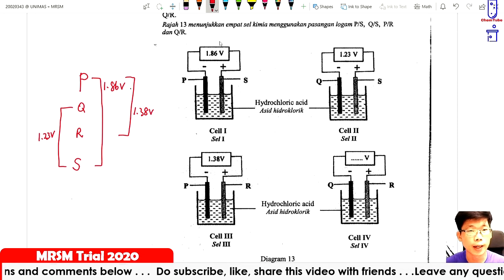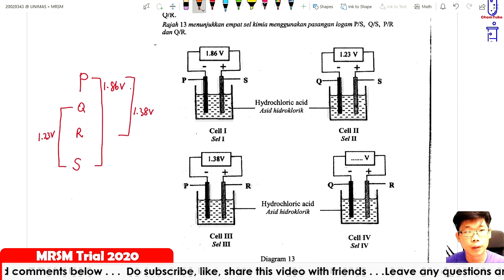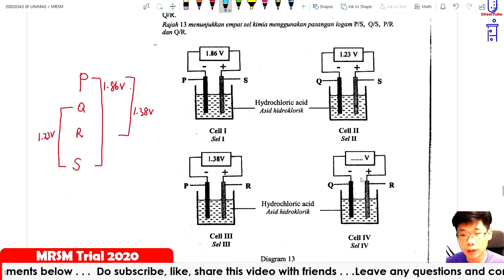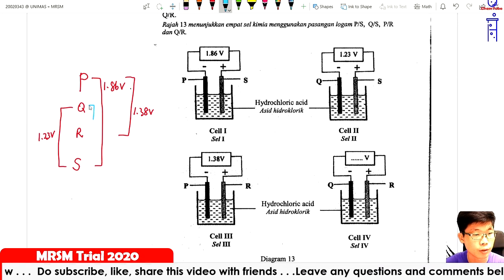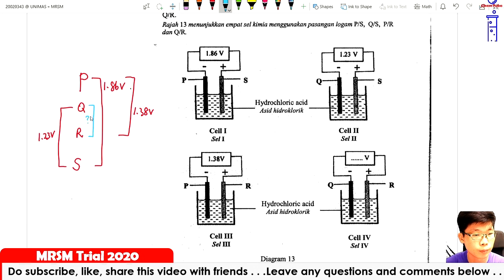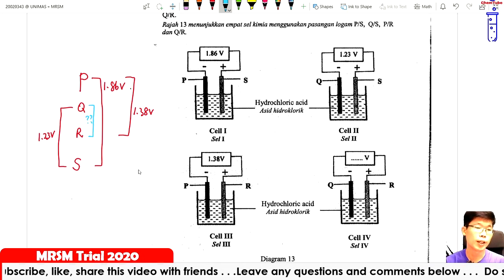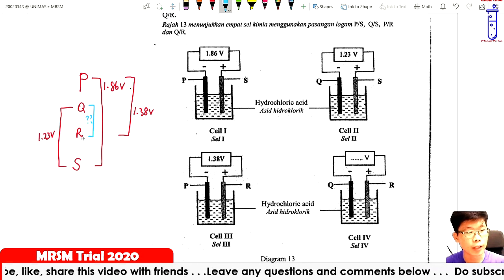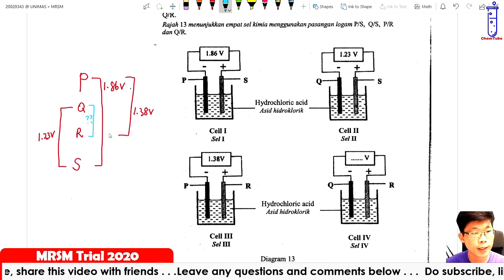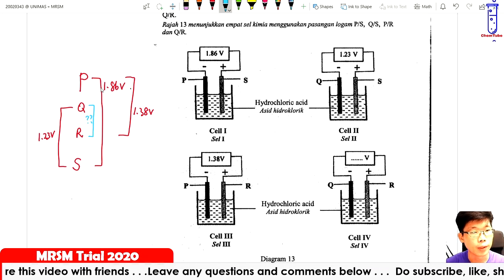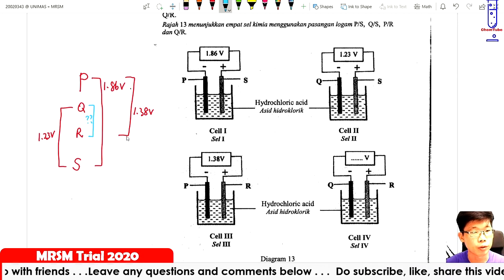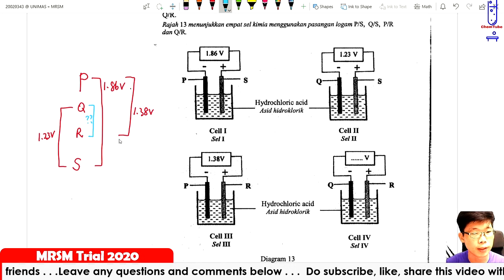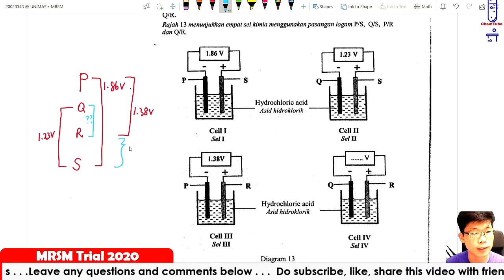Now the question asks, what is the voltage of Q and R? What is the range for these two? Here we can actually do the calculation. We know PS is 1.86, PR is 1.38. So we can calculate this voltage.